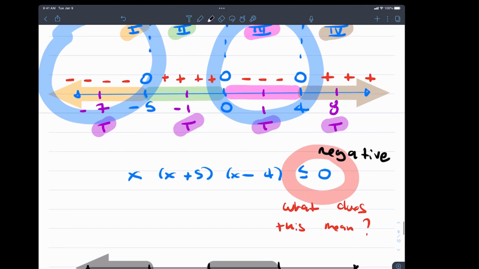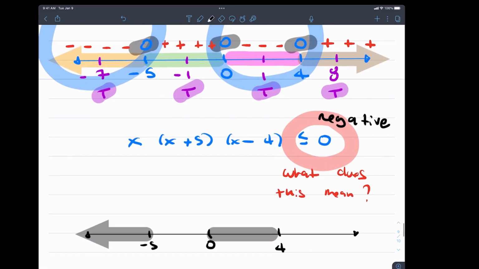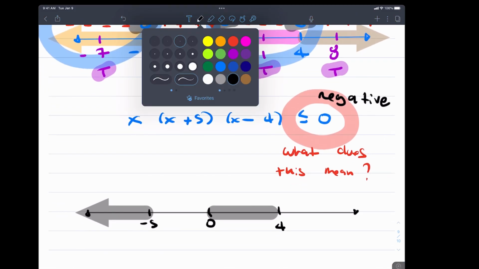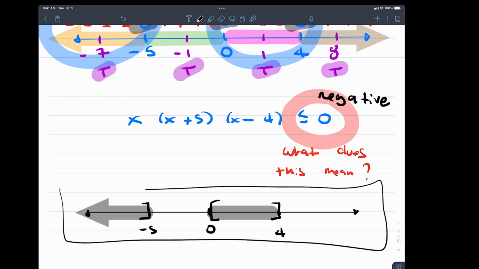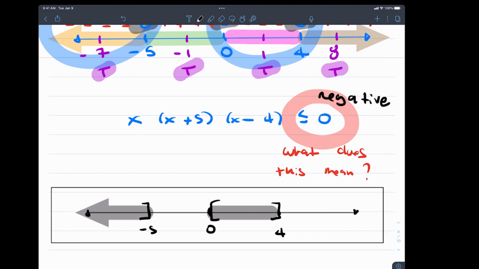What about this equal to 0 part? We got to include those numbers. You include those numbers by using what? Square bracket. Good. Got to use a square bracket. There you go, ladies and gentlemen.